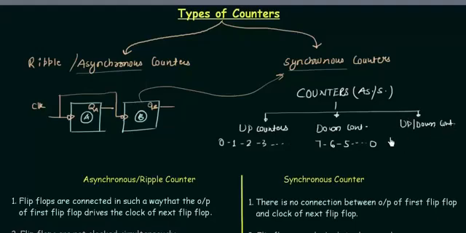So you already know the up counters, you know the down counters, and this one is the combination of the up and down counters. We will see all these types of counters in the coming presentations, and once we are done with it, we will do the designing of the counters by using the state table and state diagram. Everything is involved in that, and that will end our counters, and after this we can start our registers.